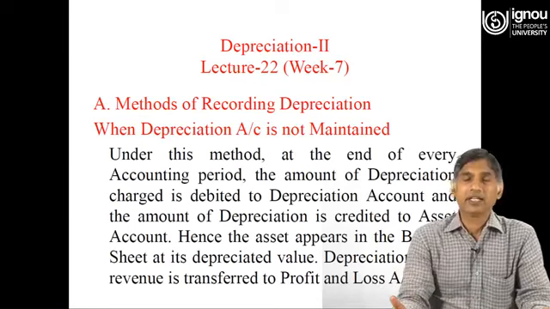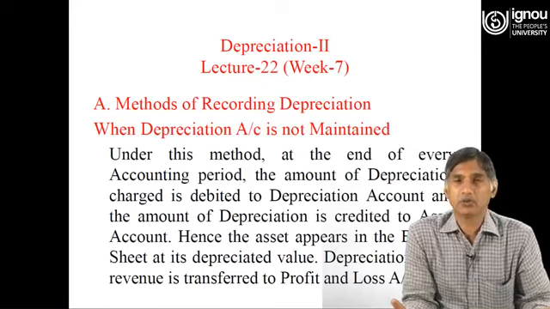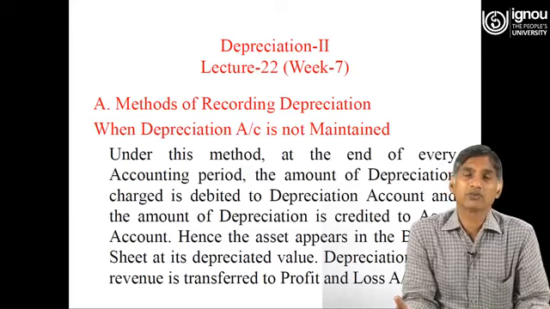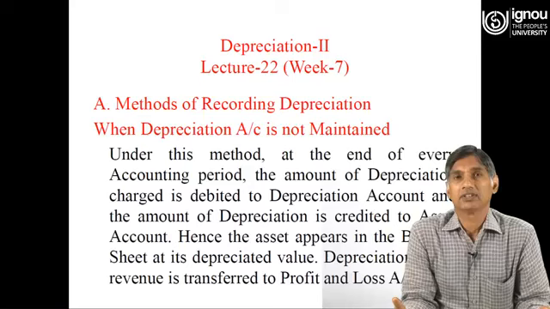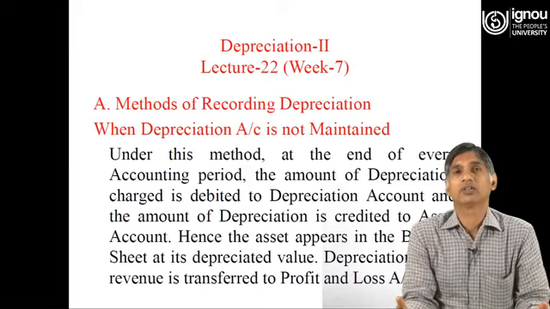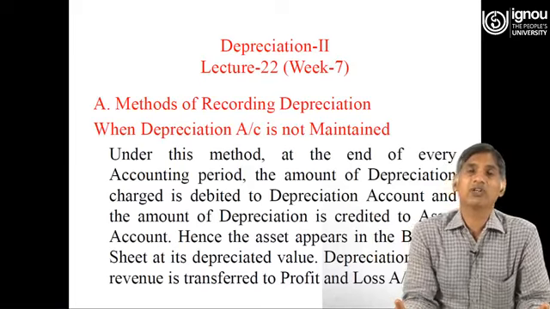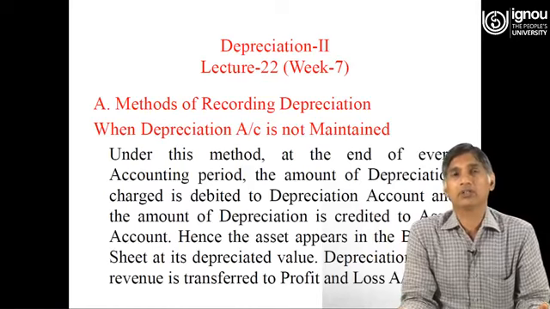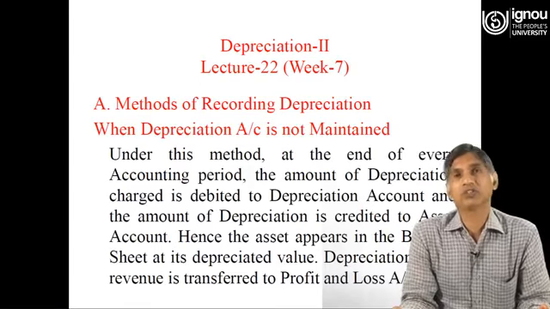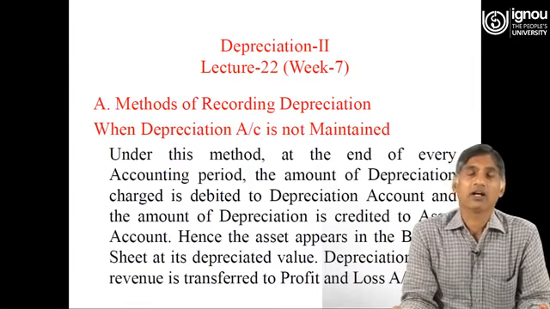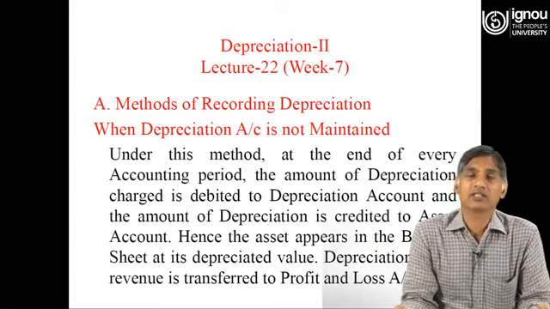Then second year again we will charge the depreciation of rupees 10,000 to profit and loss account. So instead of transferring this amount of depreciation to the asset account, the amount of depreciation of rupees 10,000 every year needs to be transferred to the provision for depreciation account, and accordingly the balance of the provision for depreciation account will increase by rupees 10,000 every year.